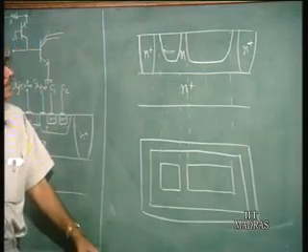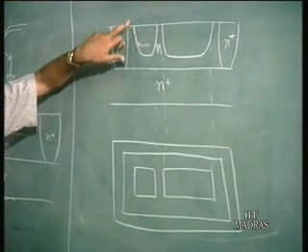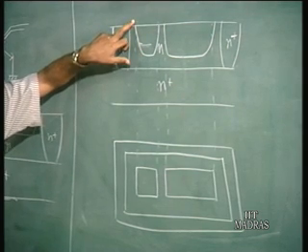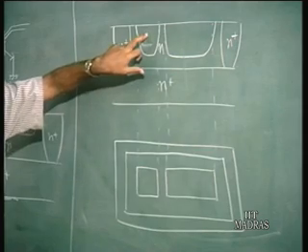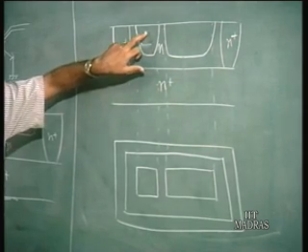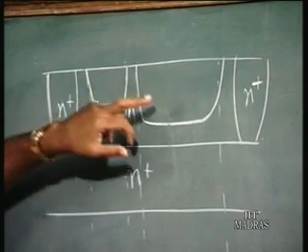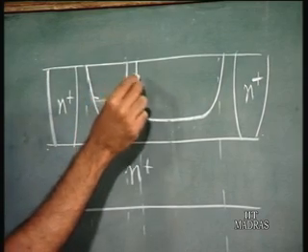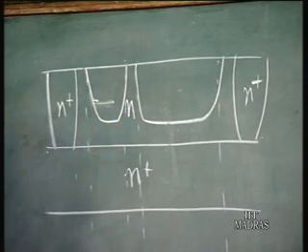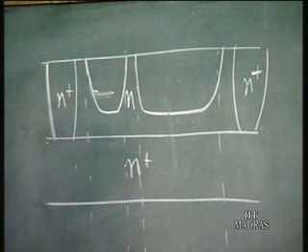In fact, sometimes a second p diffusion is done on the injector side, just to increase the acceptor ion concentration here, because this is going to act as the emitter of the PNP transistor. So this should have a higher concentration compared to this, but you can also avoid it. But this is going to act as the base, so you cannot make it very high concentration.